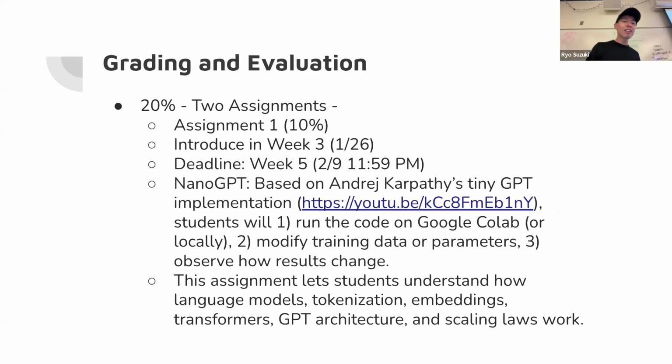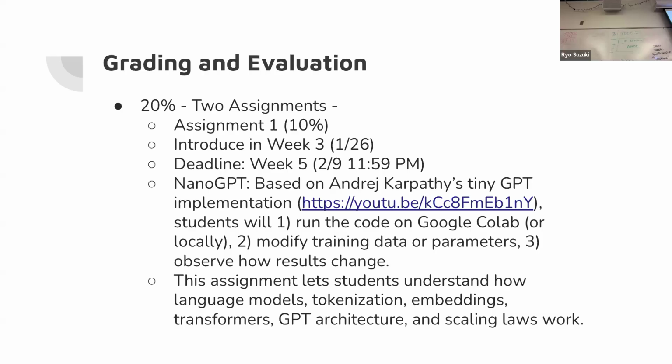I'm trying to juggle different types of assignments, but assignment 1 should relate to week 3, the second part of the class, which is about GPT. In the lecture, I'm gonna cover how GPT works at a mathematical or architecture level, but I also want you to try out a training process. I also don't have a TA, so I'm using Android as the TA, and she has great resources for NanoGPT.